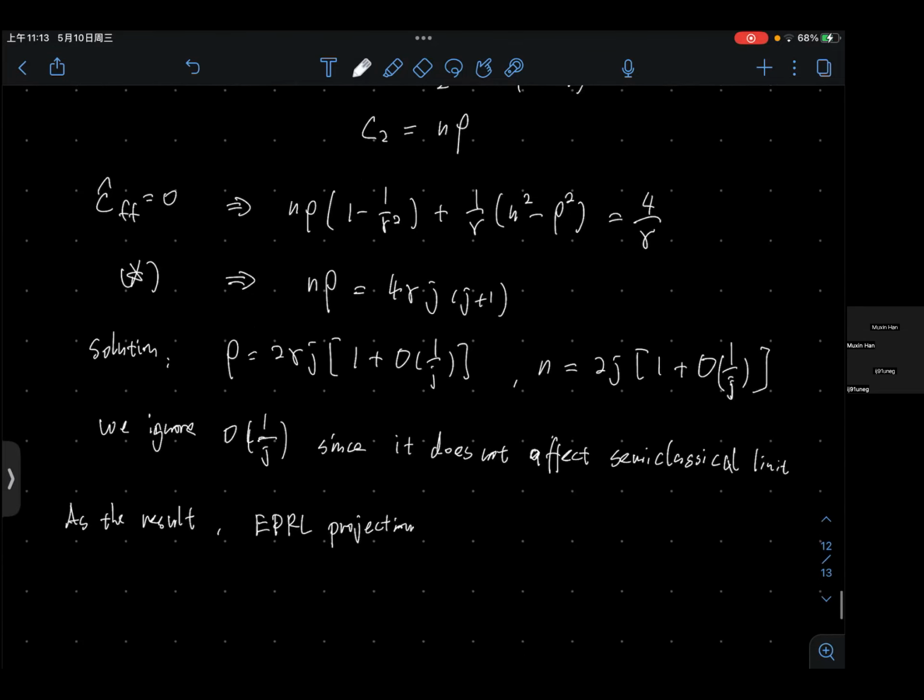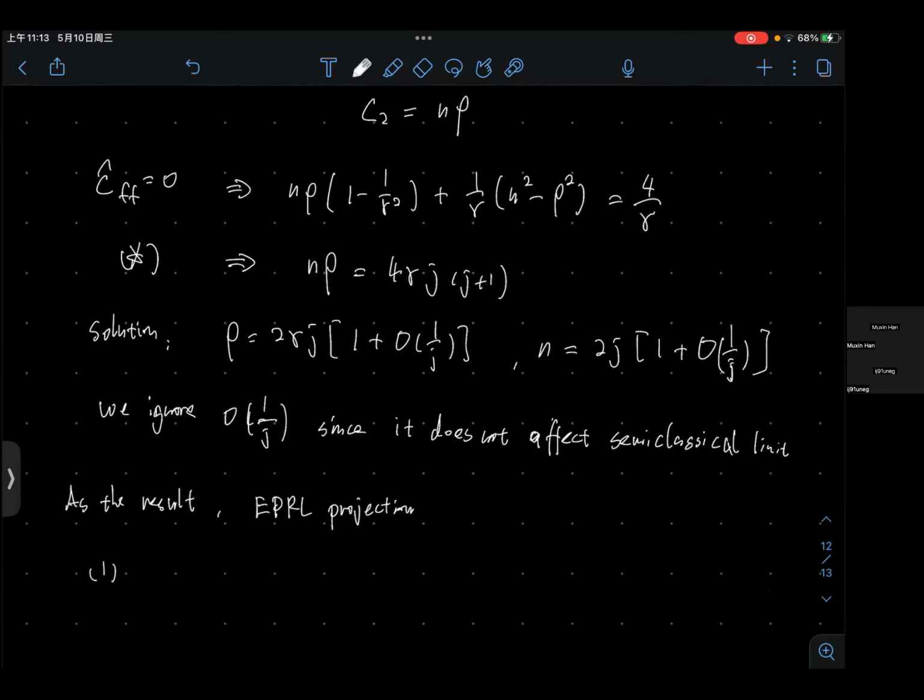Right. Okay, so the first ingredient is that we restrict the principal series representation to be rho_f and n_f.